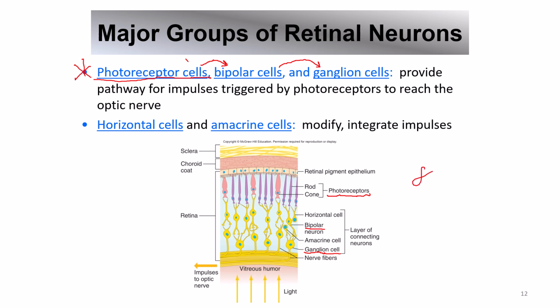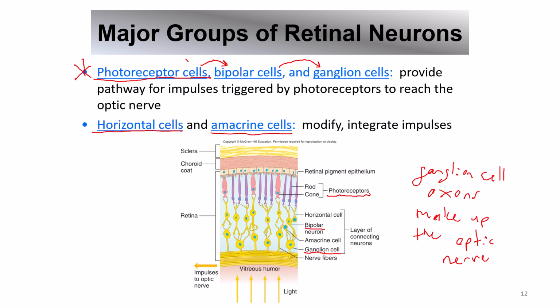I'm going to write that here for you: ganglion cell axons make up the optic nerve. Versus horizontal and amacrine cells, these are helper cells. They help to modify and integrate impulses.